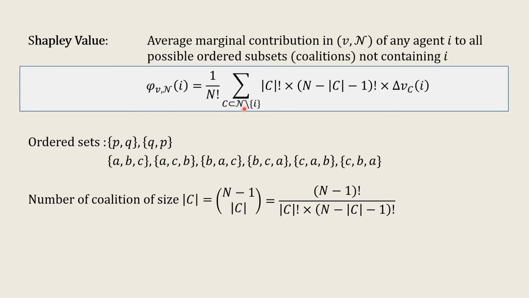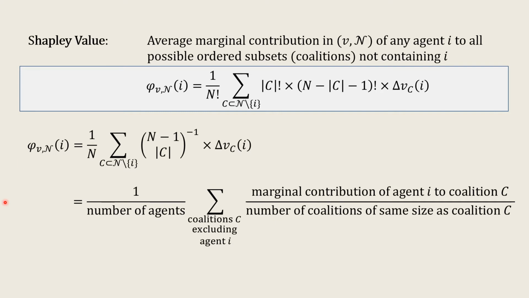We are summing over all possible coalitions that do not contain i here, but we apply a weight to each coalition C, and the weight is inversely proportional to the number of coalitions of the same size as C. And then we normalize so that all the weights add up to 1, so that this indeed is the average marginal contribution. We divide by n factorial. So that's the expression for the Shapley value.